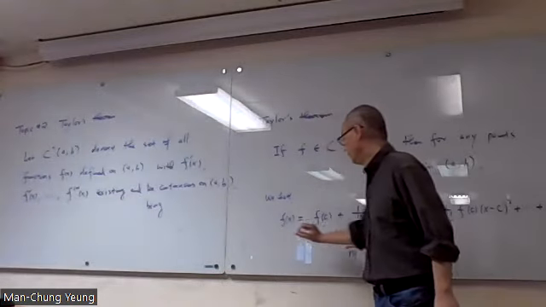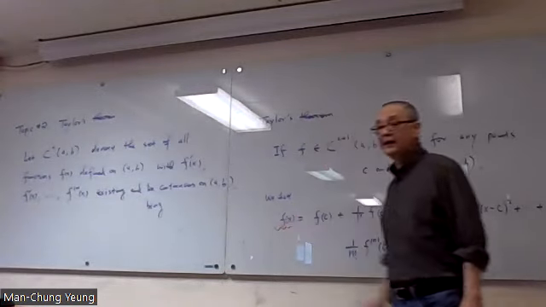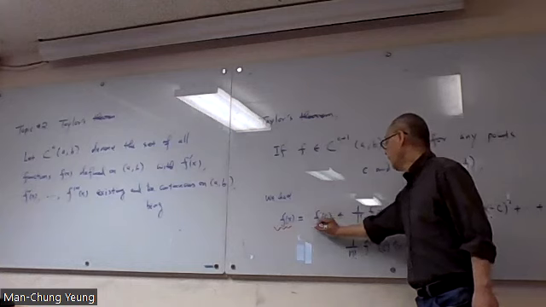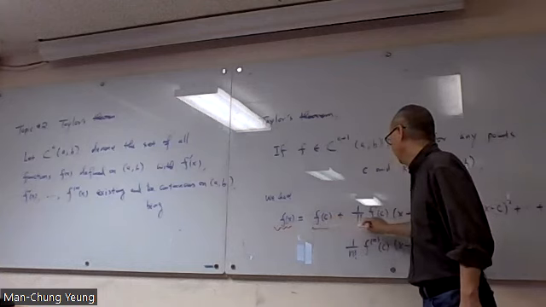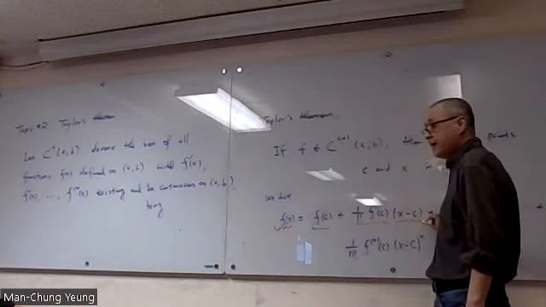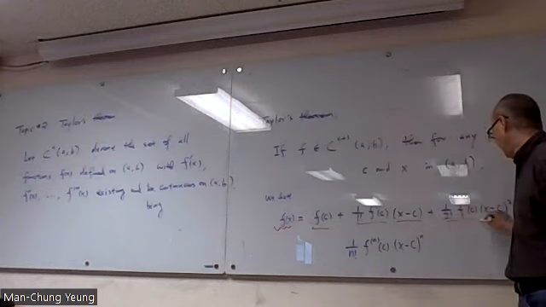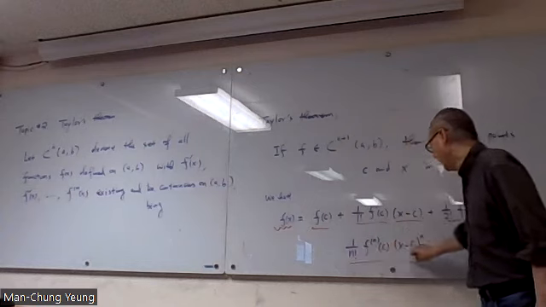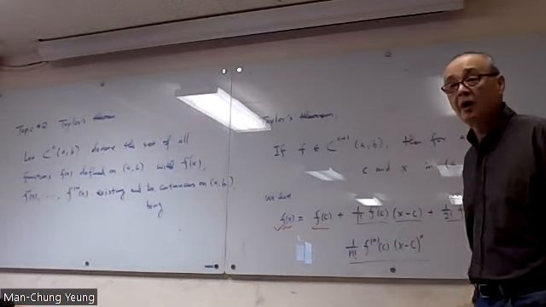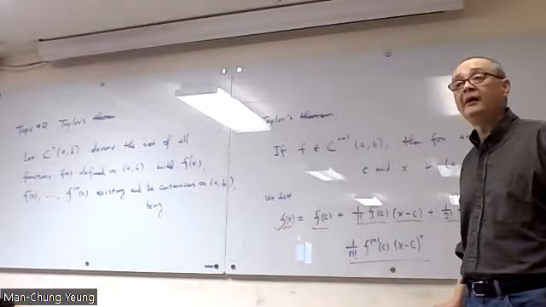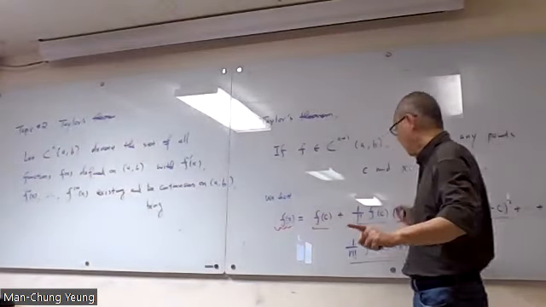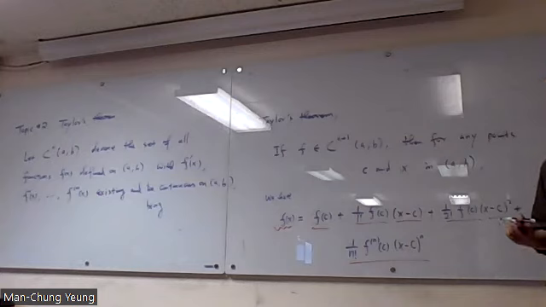About this equation, the left hand side is a general function. Right side, constant, constant times x minus c, constant times x minus c squared. So actually, the right side is a polynomial of degree n. Left side, a general function; right side, a polynomial.